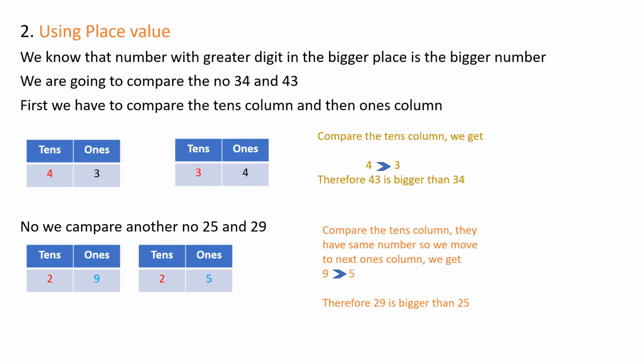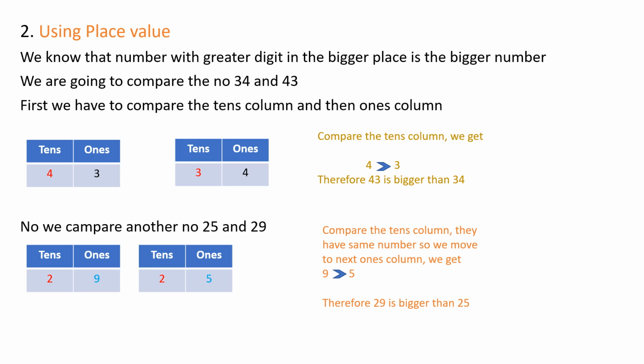So I think it is quite clear for you using the place value system. One thing you have to remember is that the number with the highest value in the highest place will be the biggest number. That we have to keep in mind.